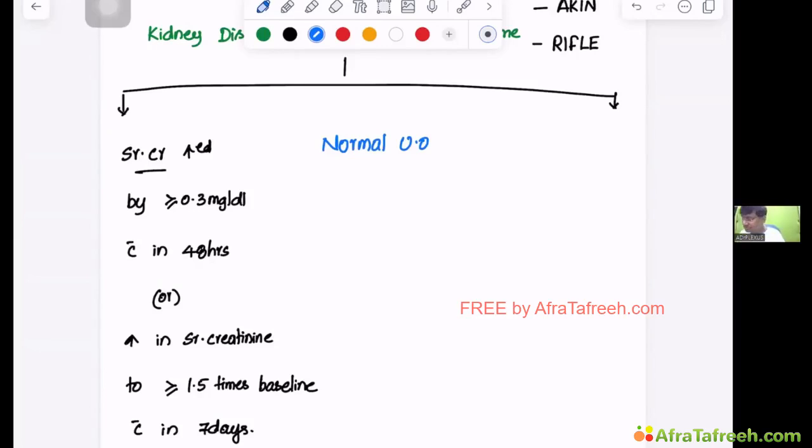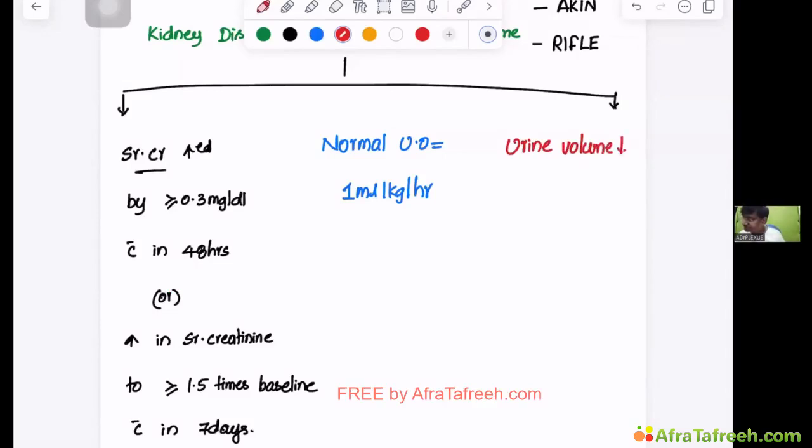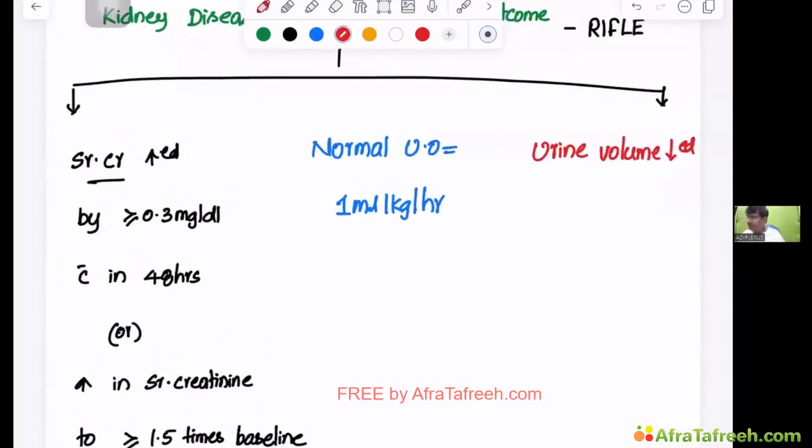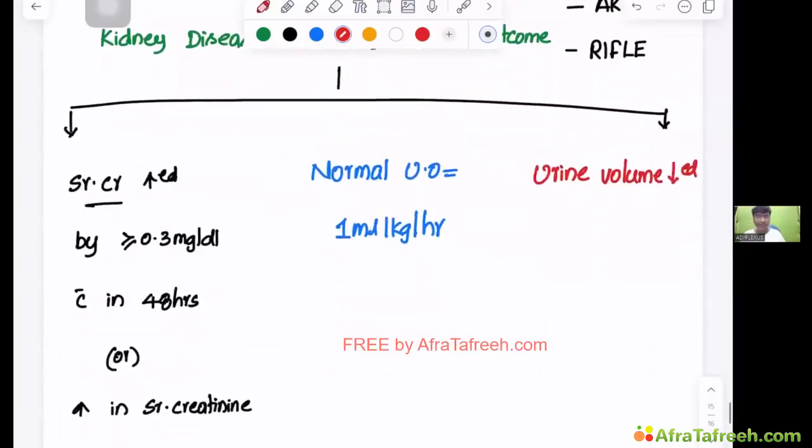Yes, Jacob, it is 1 ml per kg per hour. It is a normal urine output. Whereas in acute kidney injury, what will happen to the urine volume? The urine volume will be decreased.